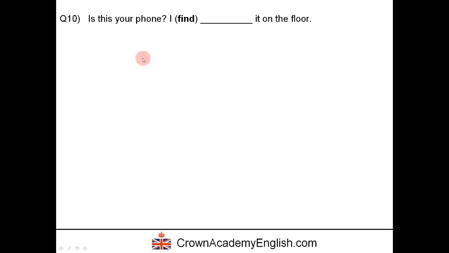Question 10. The answer is, is this your phone? I found it on the floor. So the past simple form of find is found.